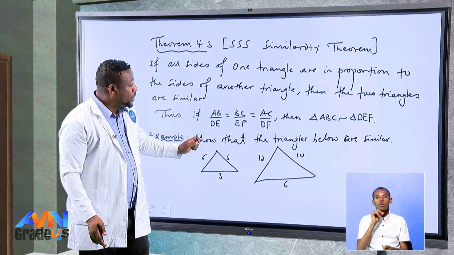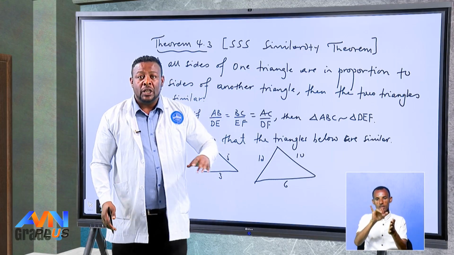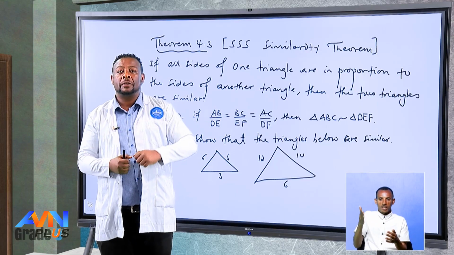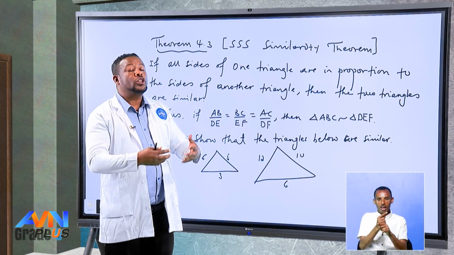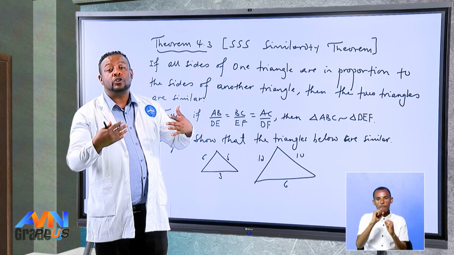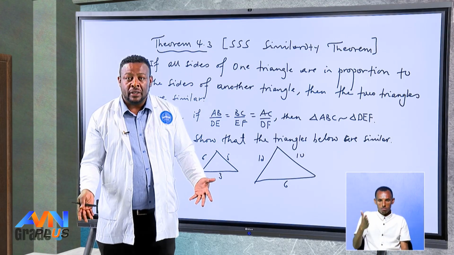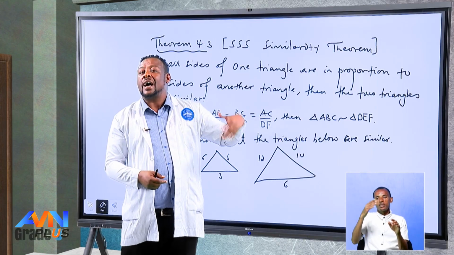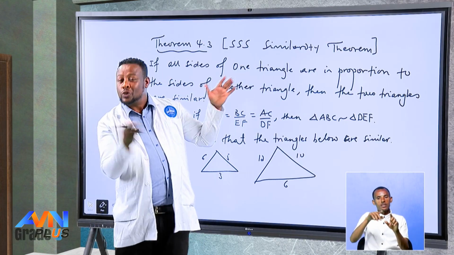Okay, to show the similarity of these two triangles, the theorem that we need to use is side similarity, right? Because we are going to compare the ratios of three sides. You cannot apply angle similarity or side-angle-side similarity that we used before.